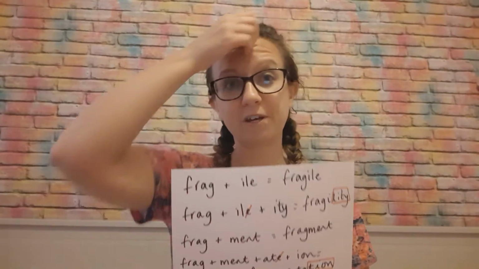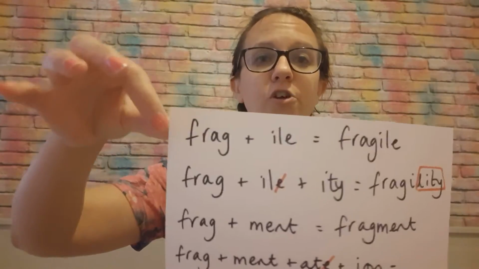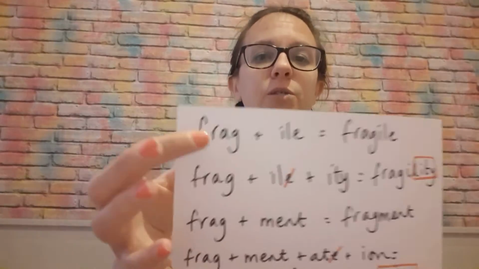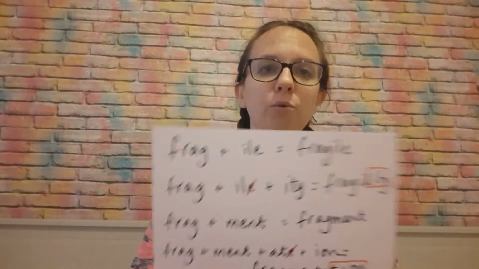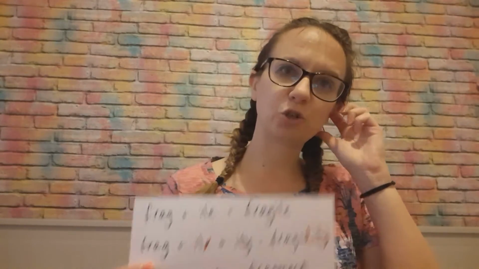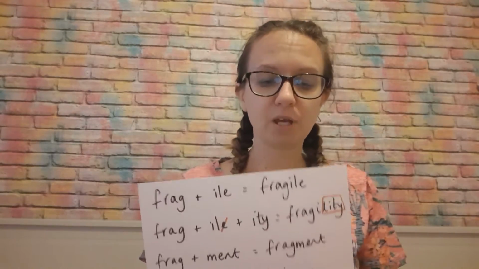Have a think of that now. Hopefully you figured out that if something is described as fragile, for example this vase is very fragile, it might break quite easily, or it's to do with breaking, because we know that frag means to break. Talking about somebody's fragility means they're quite fragile, or a thing.